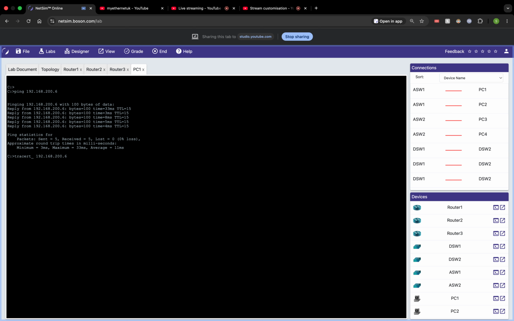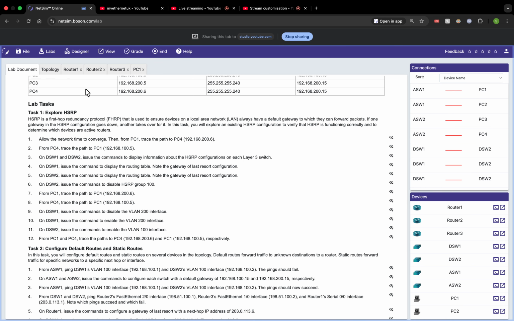Sorry, my command line's a bit slow. Here we go. We see 192.168.100.2, then 192.168.200.6. So there's an intermediary device that we're passing through from PC1 to PC4, and we can trace the path back to PC1.